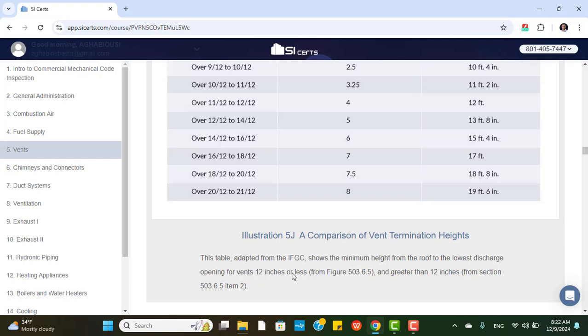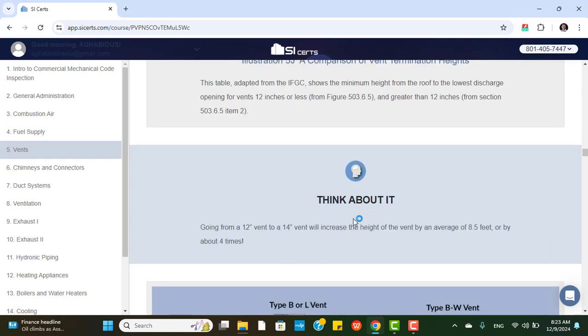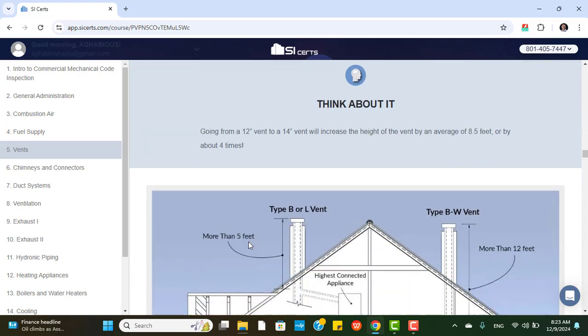This table adopted from the International Fuel Gas Code shows the minimum height from the roof to the lowest discharge opening for vent 12 inches or less from figure 503.6.5, and greater than 12 inches from section 503.6.5 item 2. Think about it: going from a 12-inch vent to a 14-inch vent will increase the height of the vent by an average of 8.5 feet, or by about 4 times.